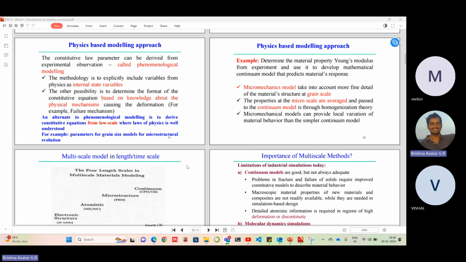It is a very general model. It was developed based on the physics approach, but it did tend to use some experimental data.